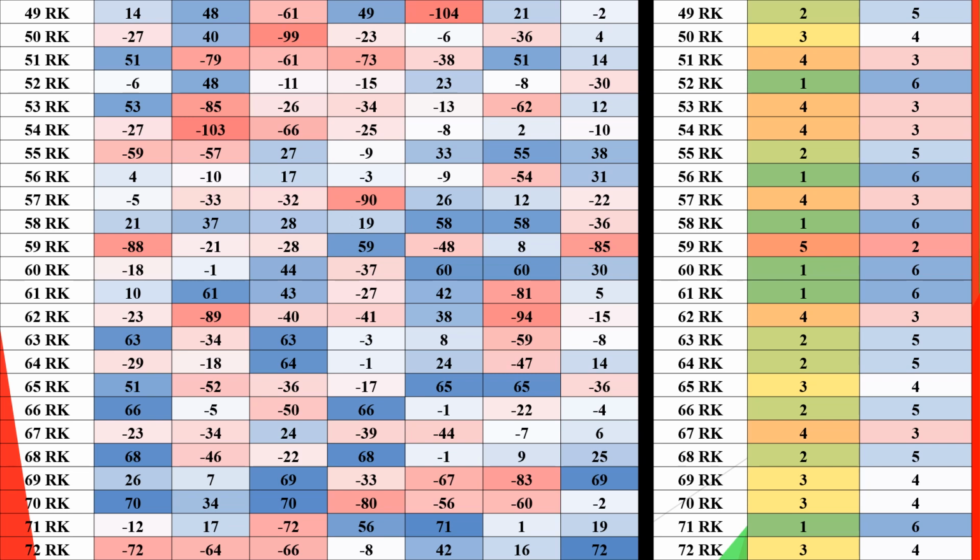Below 3 and below is 1, 2, 3, 4, 5, 6, 7. So we got 5, 8, and 7. Not too bad out of 72 players. So again, there's nothing to suggest that we should ignore last year's rankings.